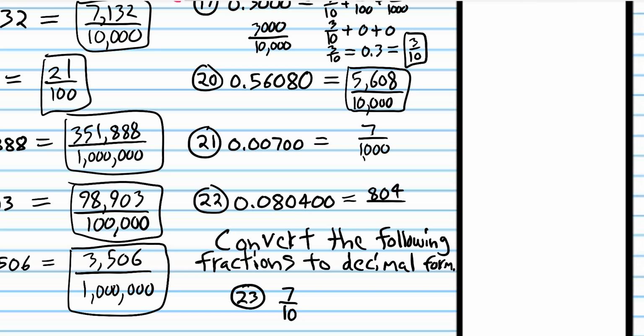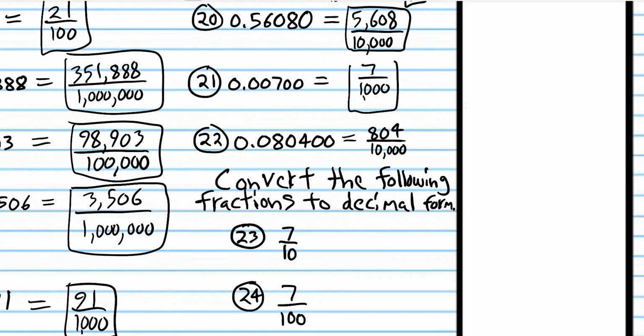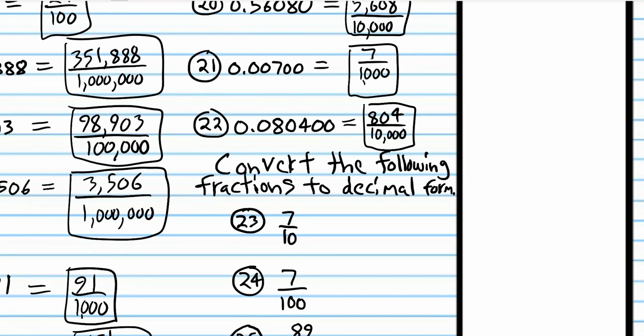So 804 over 10,000. So again, we can reduce this fraction. 7 over 1,000 we couldn't reduce, but 804 over 10,000 we could reduce that, but it's not really worth our time at this point.